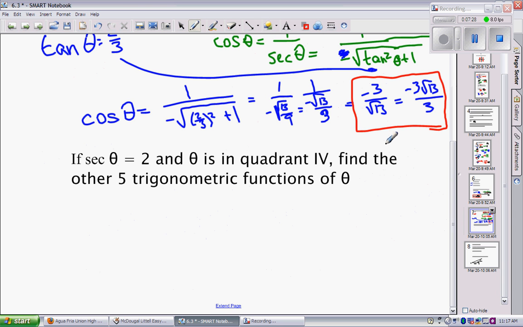So if secant of theta is 2, and theta is in quadrant 4, we want to find the other 5 trigonometric functions of theta. So we need to make a triangle.